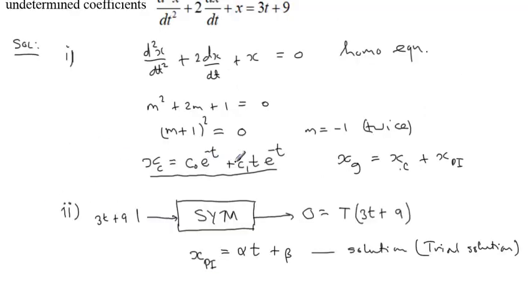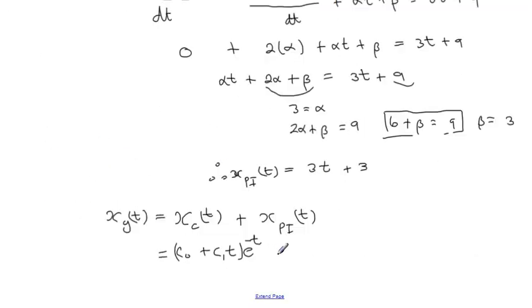That is taking a common factor there, e to the power of minus t, plus our particular integral now, which is 3t plus 3. Then we've got our general solution.